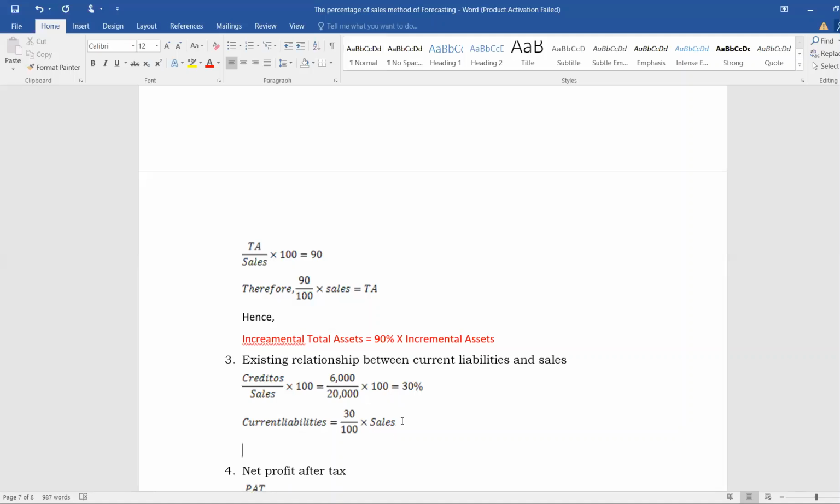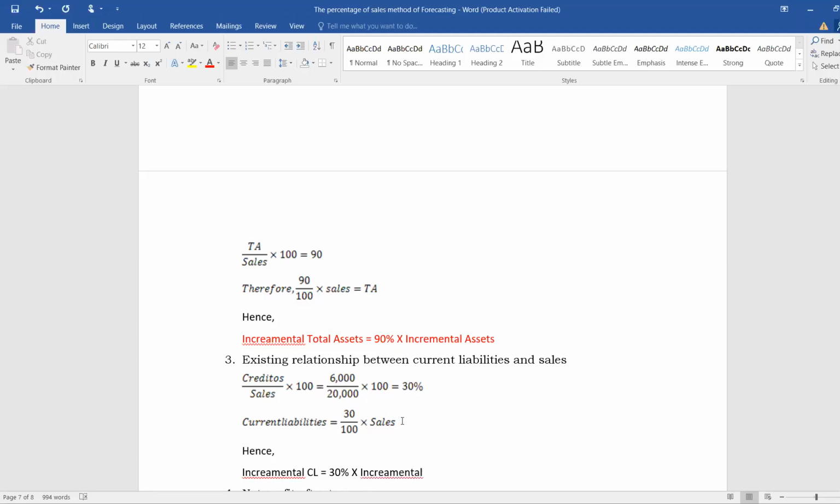And if you go further, you can say now, hence, incremental current liabilities should equal to 30% times incremental sales.